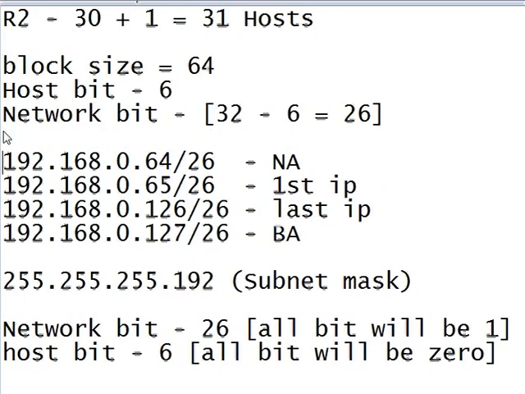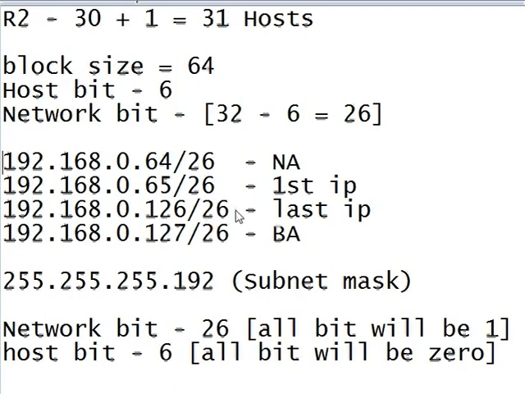So here you can see 64 is the network address, 65 is first IP, 126 is last IP, 127 is broadcast address. This is my subnet mask, and the subnet mask is calculated by setting all 26 network bits to 1 and all host bits to 0. So that is how I have calculated.